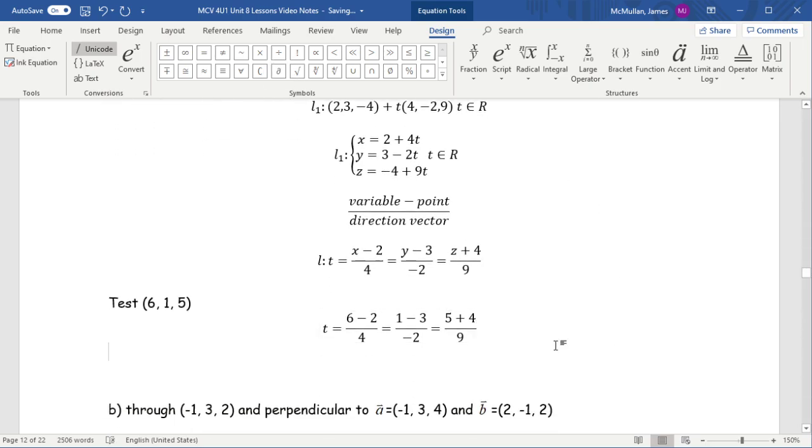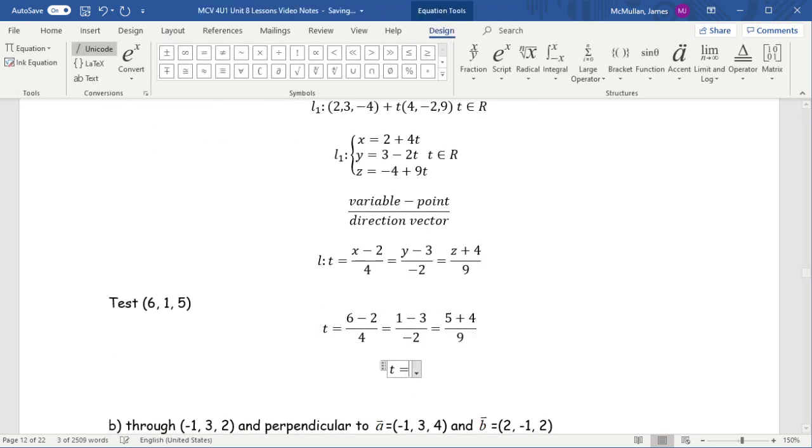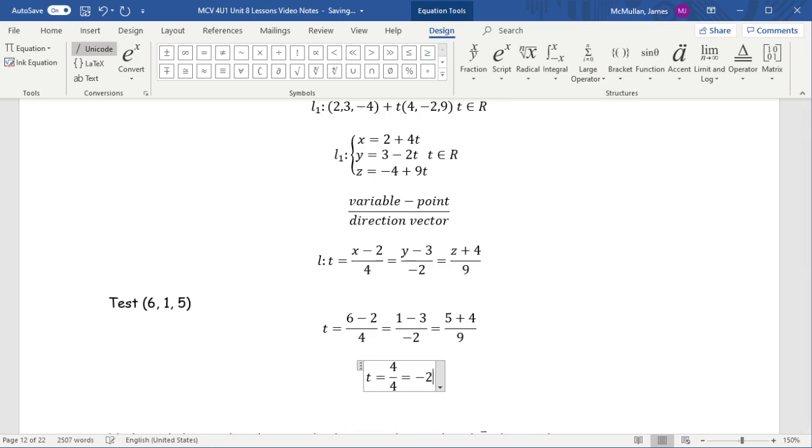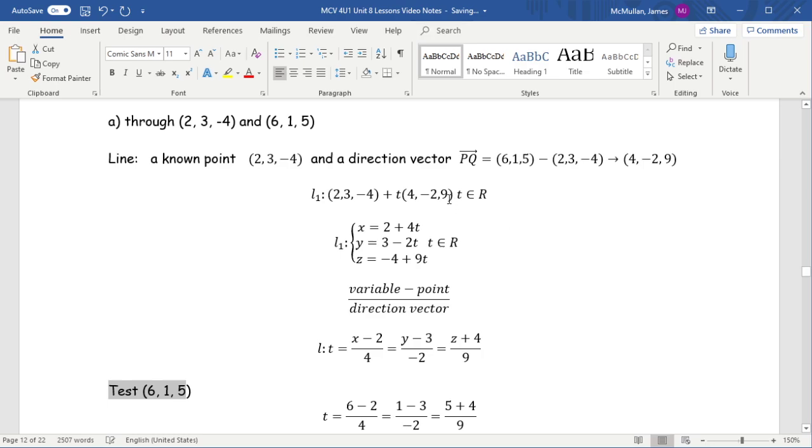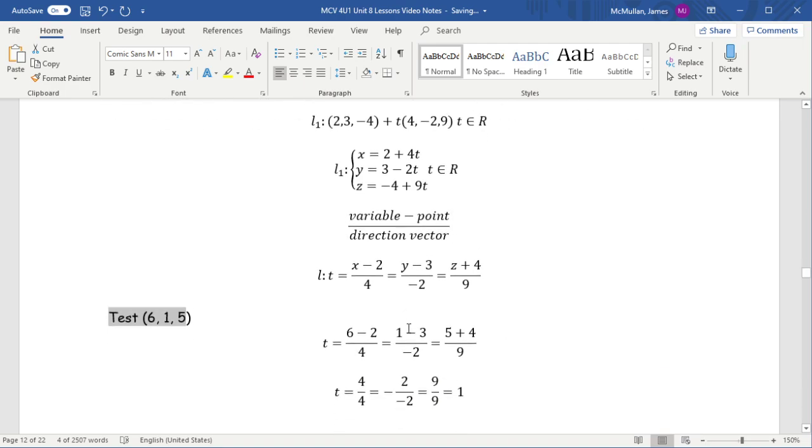And you can pretty easily see here that this is t is equal to 4 over 4, or negative 2 over negative 2, or 9 over 9. In all cases, it's just equal to 1, which makes sense because this point, (6, 1, 5), is one direction vector away from the original point, (2, 3, negative 4).